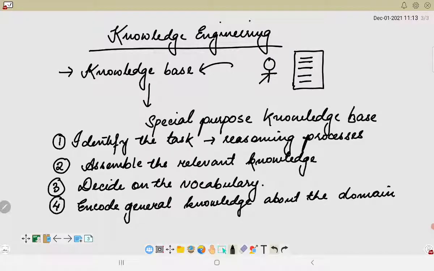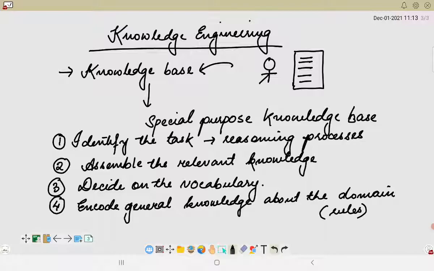This strictly adheres to the rules. That means what type of rules or inference rules we will be using in order to encode the general knowledge about the domain. We already did inference rules. You can go back to the previous video and check what inference rules are.